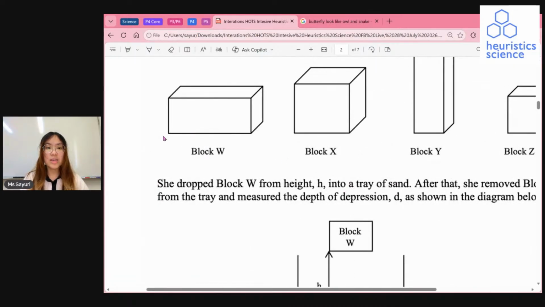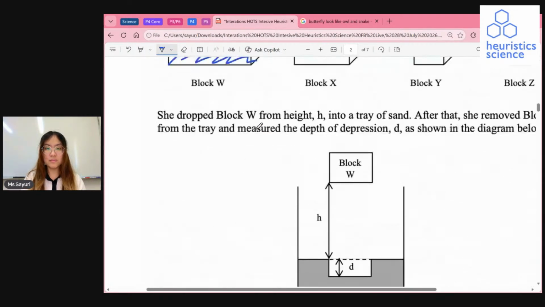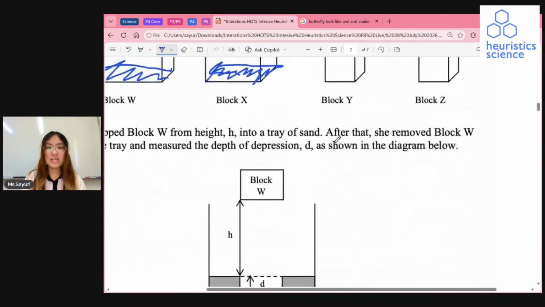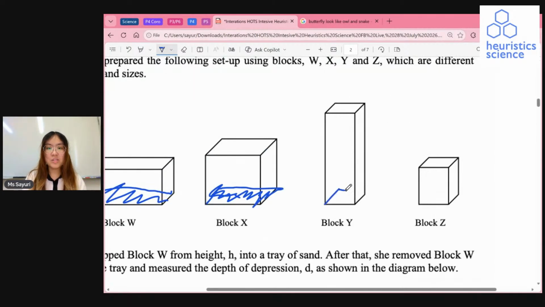If they block it this way, this here would be considered 100 cm square. This is the part that is in contact with the sand. So 50, and the last one they did say is 25. You can also draw that back in. Of course, if you really want to draw a 3D model, you can join it to the end also. So this would be a 3D model of a cuboid.